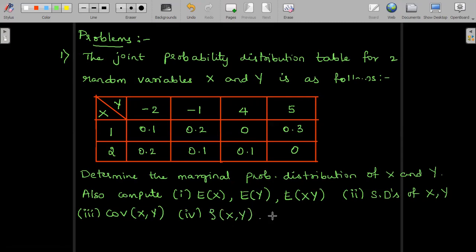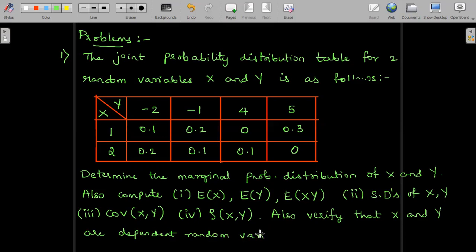And at last, we need to verify that x and y are dependent random variables. So of course, I took up different varieties of questions that might be asked given the joint probability distribution table for us.